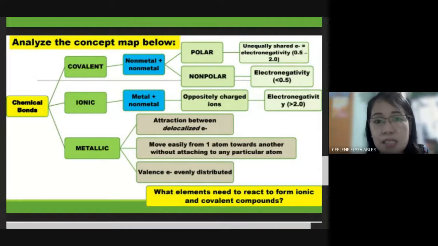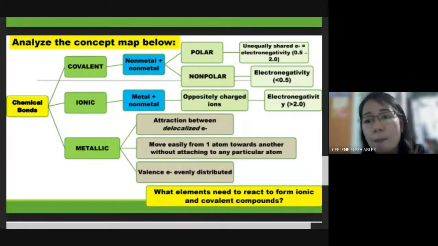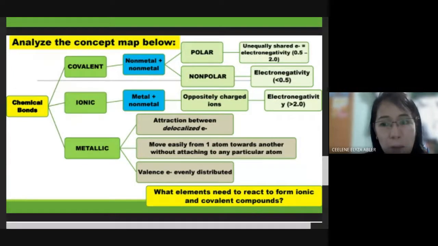Just imagine sa polar class, it's the polar opposites, like pinakagwapa o pinaka dili gwapa. So that's the polar na term na covalent.